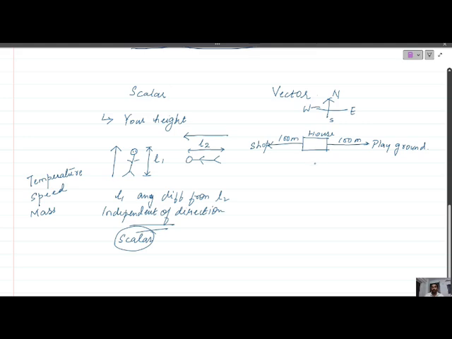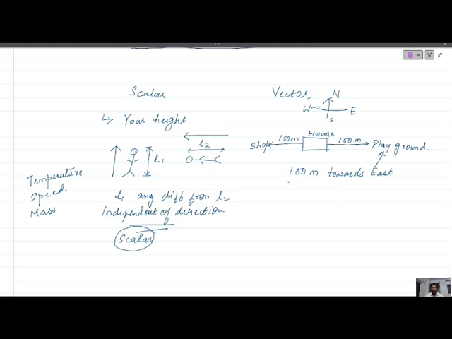Now somebody has come to your home and wants to go to the playground. If you just tell the person the playground is 100 meters from my home, is that enough information for the person to reach the playground? Possibly not. Because the 100 meters can be towards the west, it can be towards the east. So if you want to tell the person that you have to go 100 meters towards east to reach the playground, then that is a complete description, isn't it?